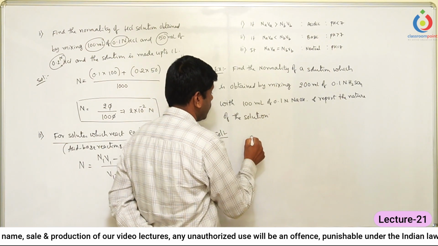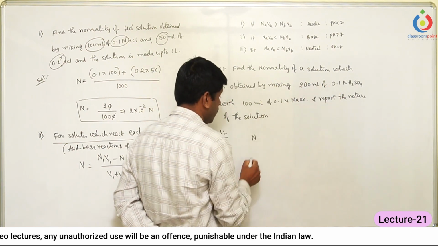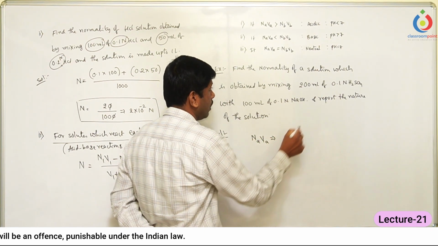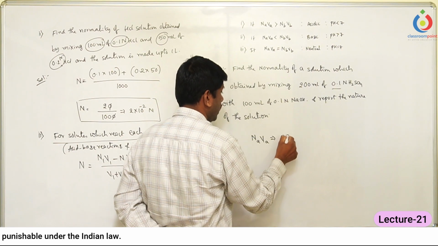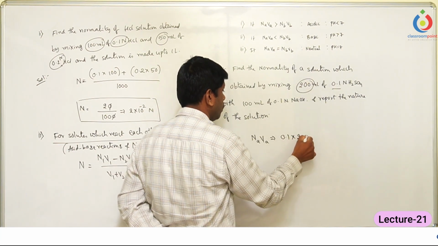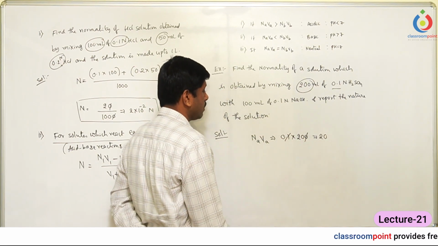Here let us take the N1V1 values, the normality and volume of the acid. Normality is given as 0.1 into volume of the acid, 200, so finally it equals 20 equivalents.